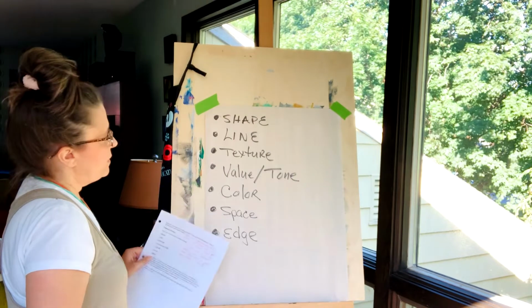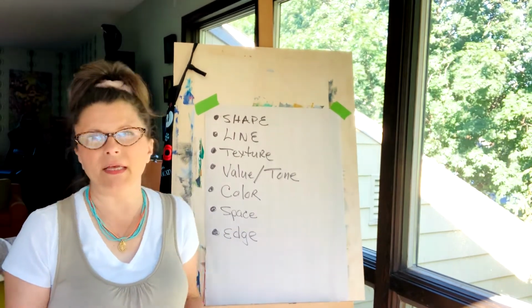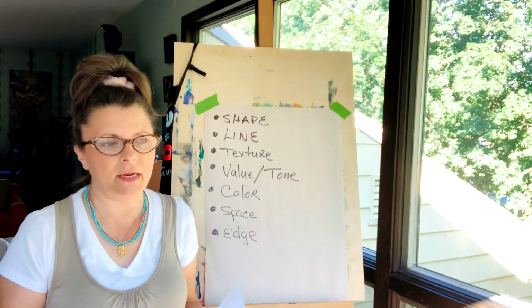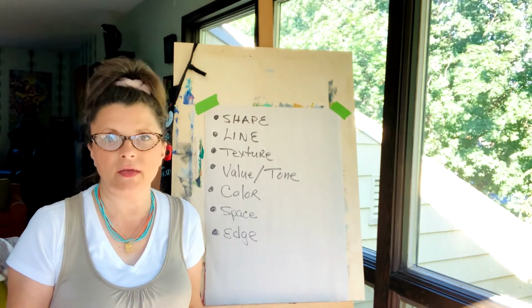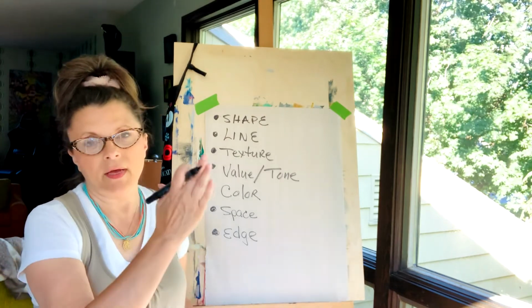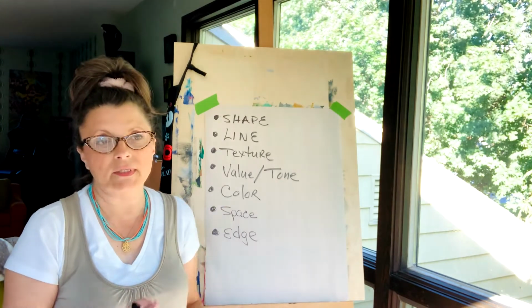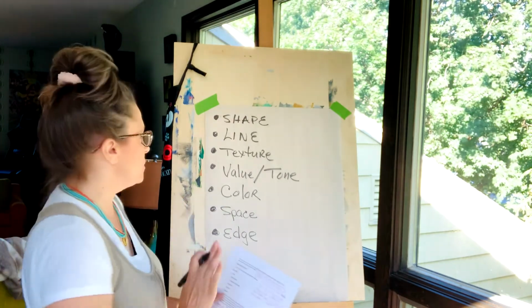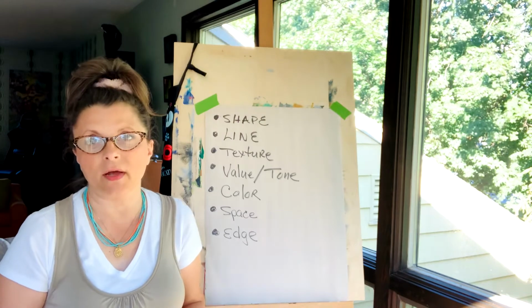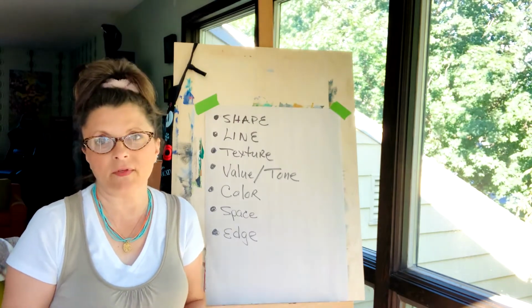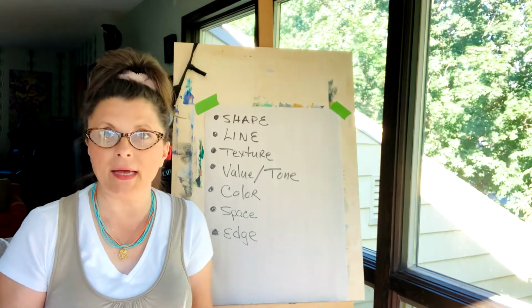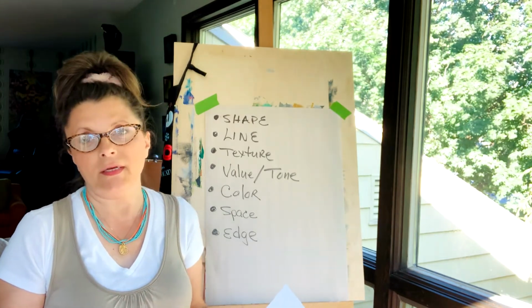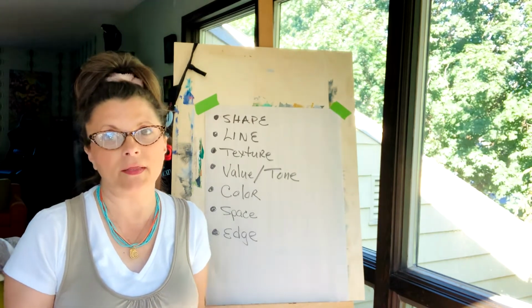So here we have seven most salient elements of design. Depending on the artist that you talk to or the teacher or instructor that you have, they might have additional ones or even ones that they switch out for these. But these are the most basic ones that we're going to be talking about for the purposes of this course, because in some ways they can also apply metaphorically to our art and to our life.